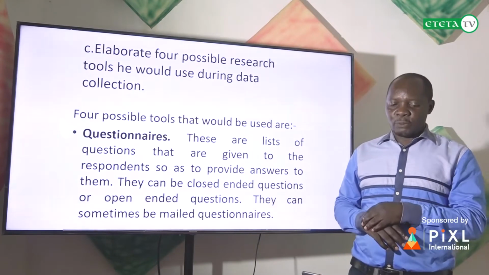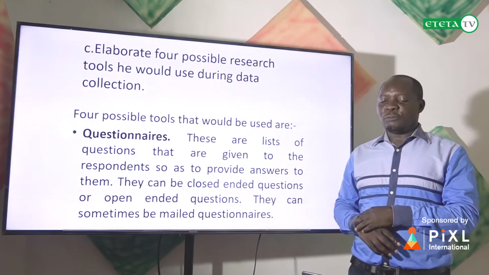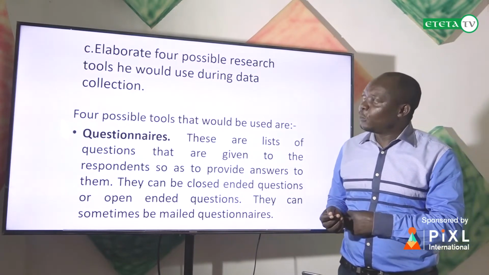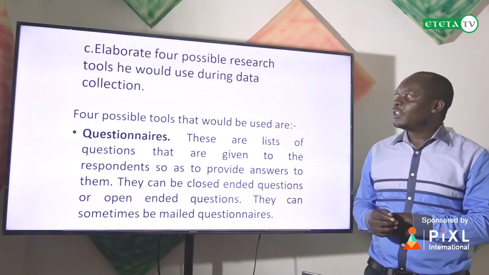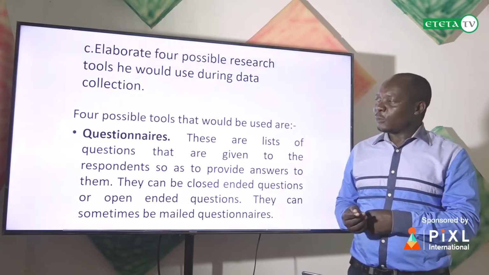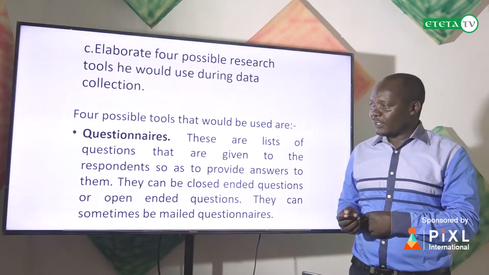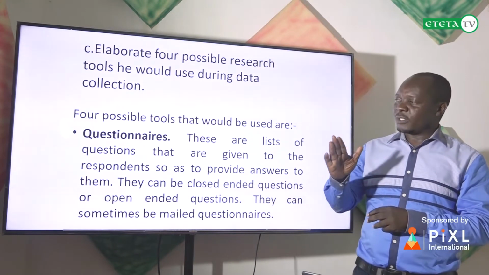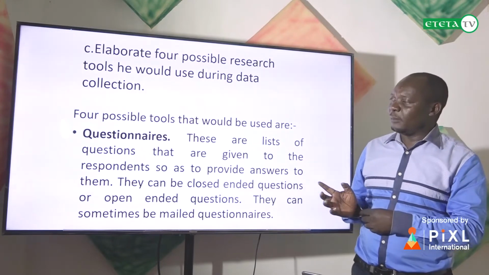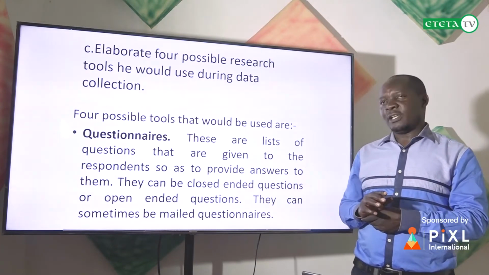Now part C of the question: elaborate four possible research tools he would use during data collection, four tools that can be used to collect data about that problem. Number one, questionnaires.